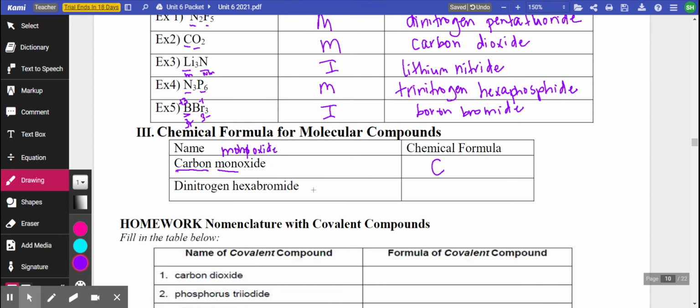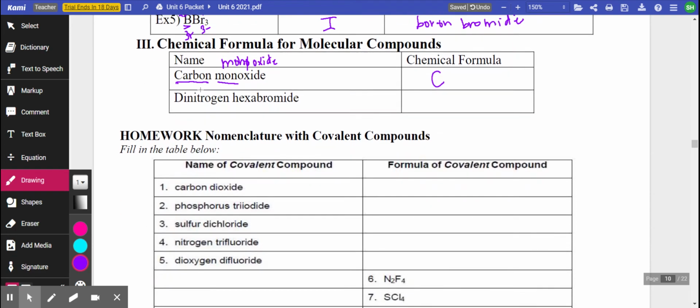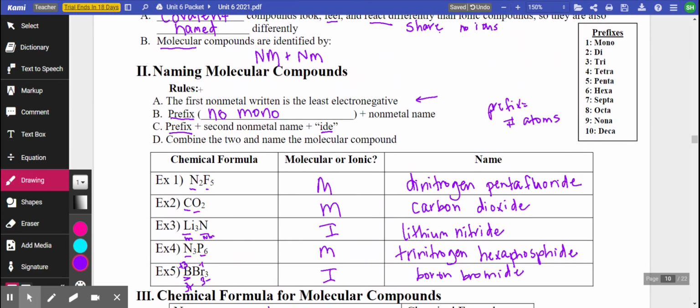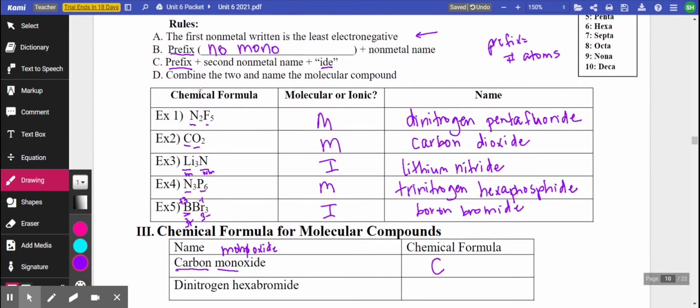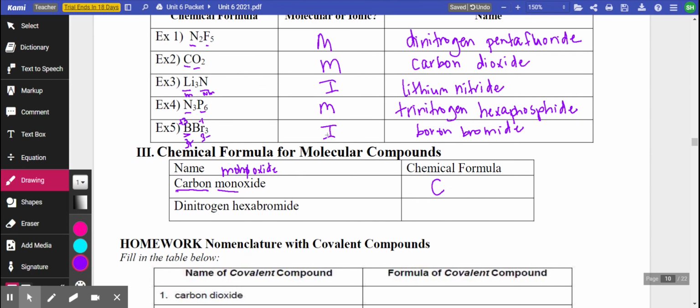We'll do the same thing with deca and oxygen. So any of these prefixes that end in A or O before oxygen, you'll drop the A and the O. Okay. So this will be carbon, and then there's only 1 oxygen, just carbon monoxide. Dinitrogen tells me it's N2. And then hexabromide, Br6.